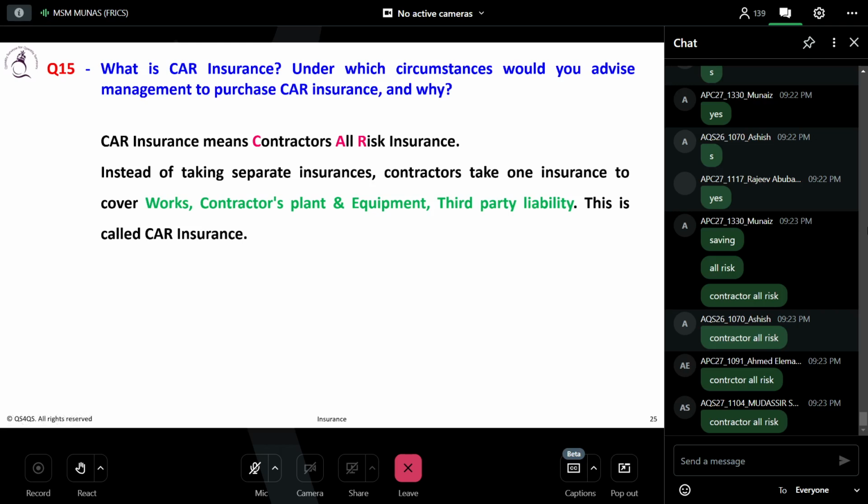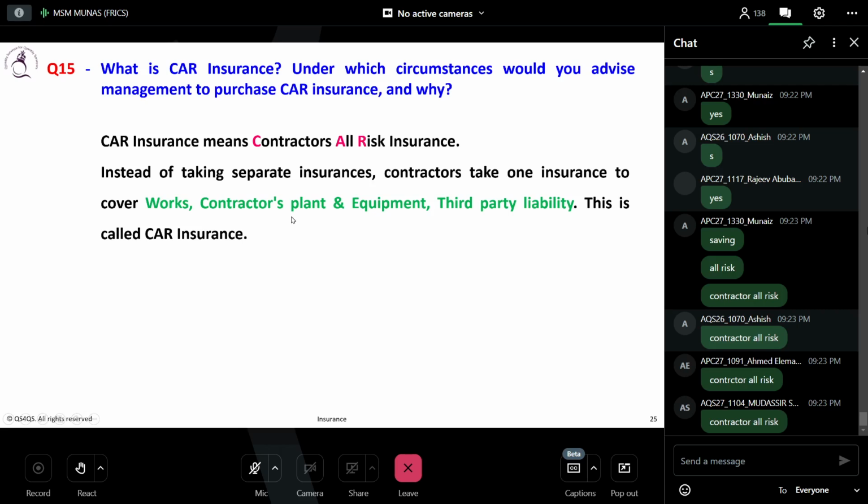So instead of taking separate insurance for the works, what is 18.2? 18.2 says insurance for the works, insurance for the contractor's equipment, insurance for third party or property damage, and insurance for the contractor's personnel. He will take one insurance that covers all. So this is called CAR insurance.